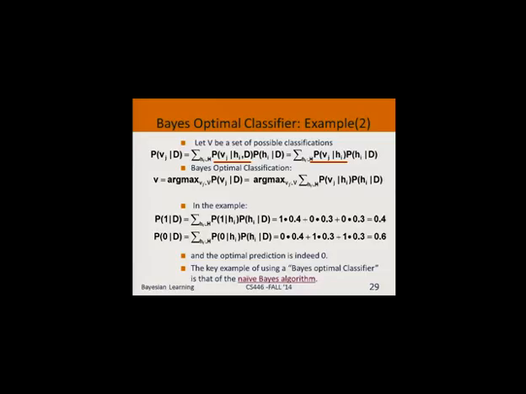Yeah, once I know H, I don't care about D. P of V given H is the same as P of V given H and D. V is independent of D given H. So I can write everything this way. And then my prediction is going to be the argmax over all possible V's of P of V given D, which I've written as the sum over all possible hypotheses of P of V given H, times P of H given D.